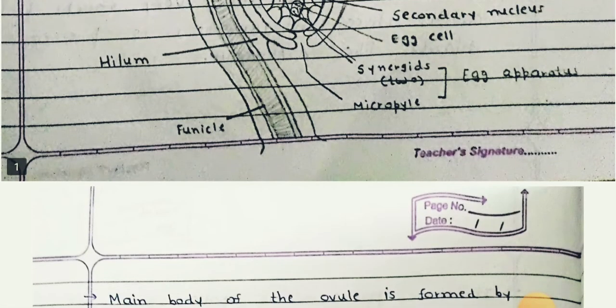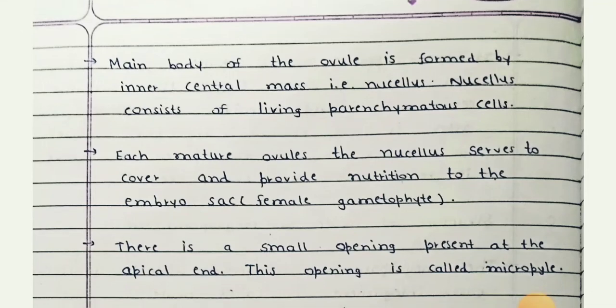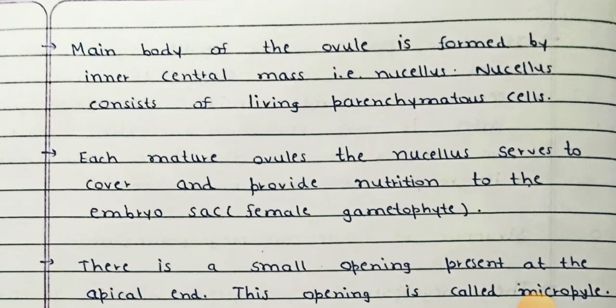Third is nucellus. What is nucellus? So nucellus is the main body of the ovule. It is formed by the inner central mass and it is made of parenchymatous cells.